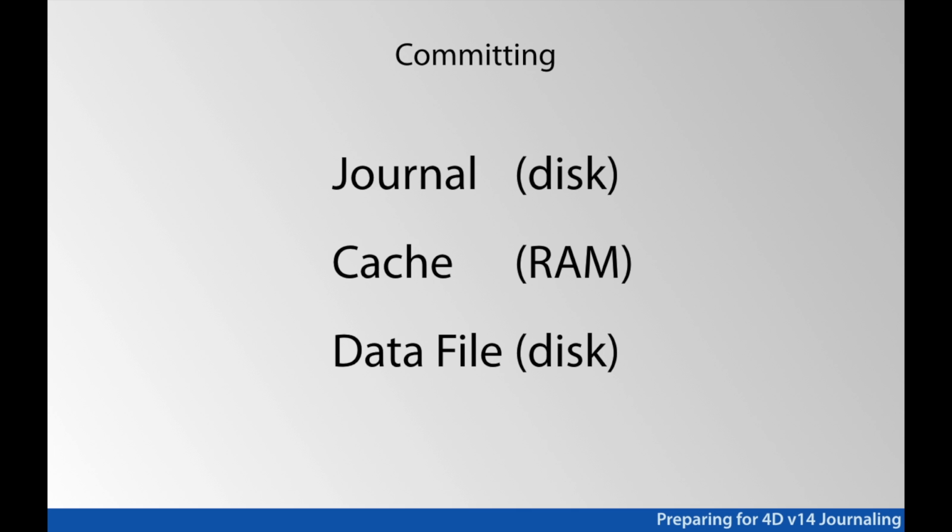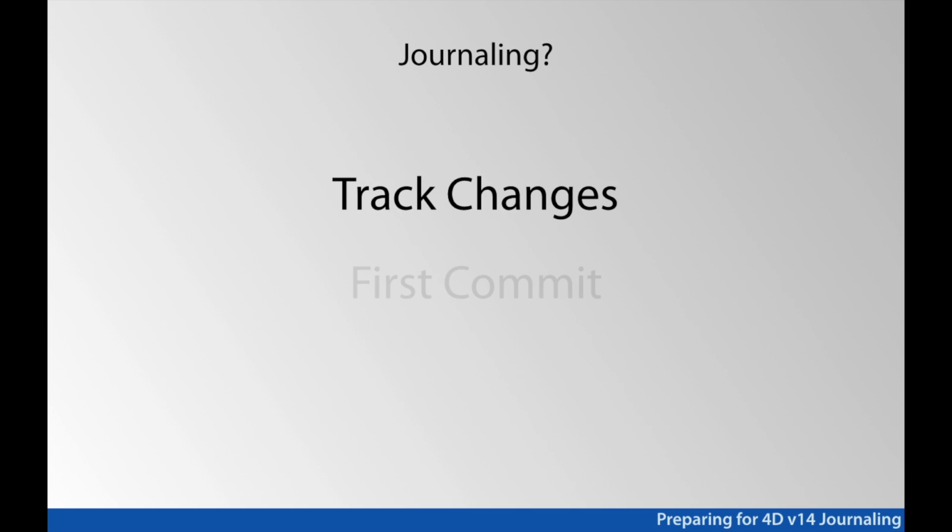But the important thing here is the order in which this happens. When a change happens, 4D writes it to the journal first. It writes it to the cache second. And at some point, depending on your settings, the cache gets flushed. The change gets flushed to disk. So the important thing here today is that the journal is the first commit.